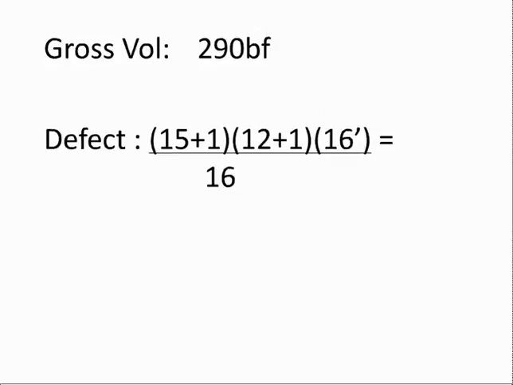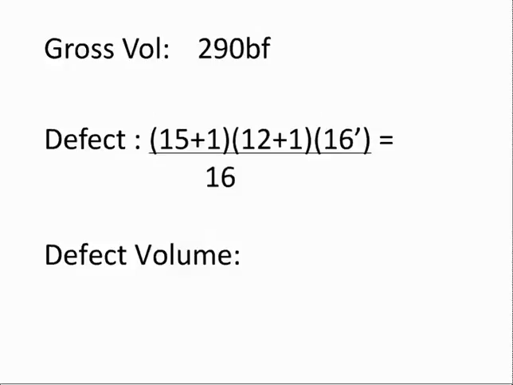Instead of dividing by 12, we divide by 16 because there was already material taken out for kerf and shrink, and this adjusts for that. If you're using Scribner, you divide by 15. We will use 16 from here on out. 16 does not have to do with the length. It has to do with an adjustment for board feet that we've already deducted.